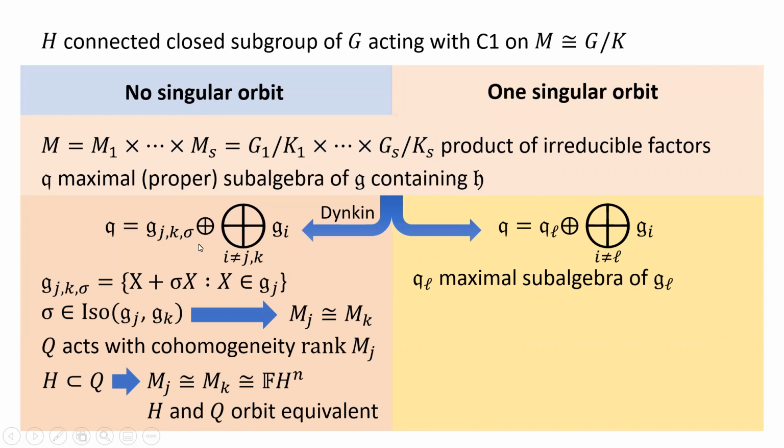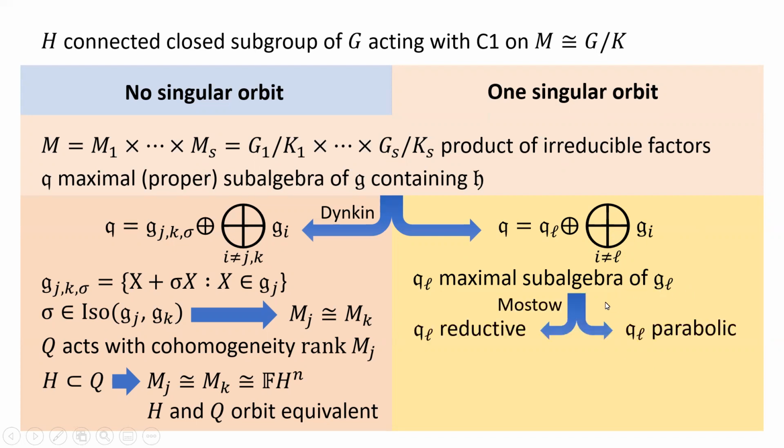Okay, so let's go for the difficult case. And here we will be considering some subcases. So Q splits nicely with respect to the decomposition into simple factors of G, and QL is a maximal Lie subalgebra of GL. Good.